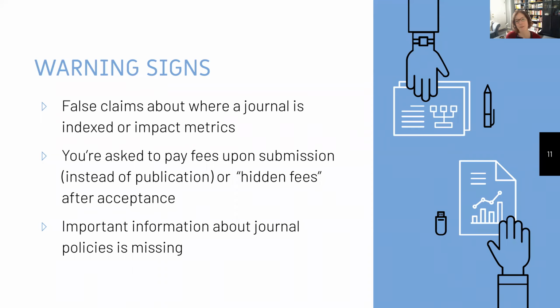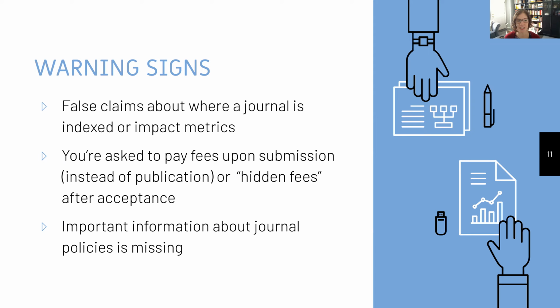Another one that's sort of general but really critical is that there's just important information about journal policies missing. Although these start out often through email scams, it's fairly easy to set up a website and a web presence these days. So you may find that these scams do have a website, but they may not say who's on the editorial board.